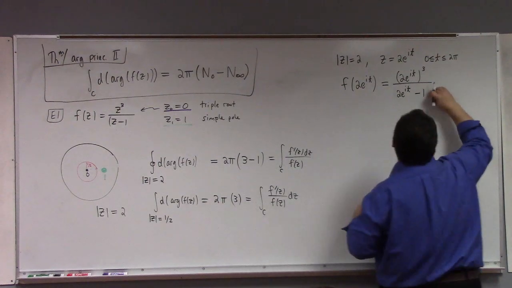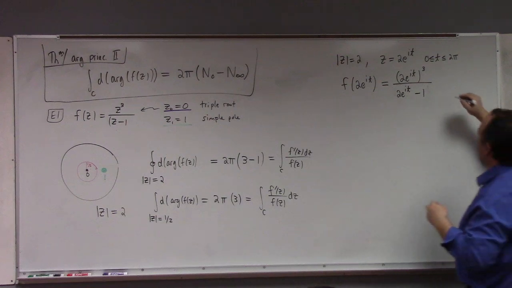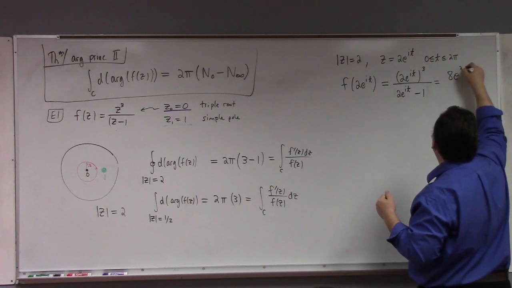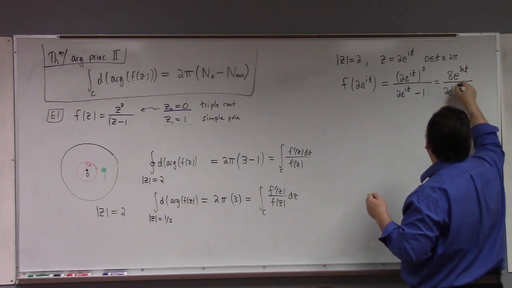So this is 8 e to the 3it divided by 2 e to the it minus 1.